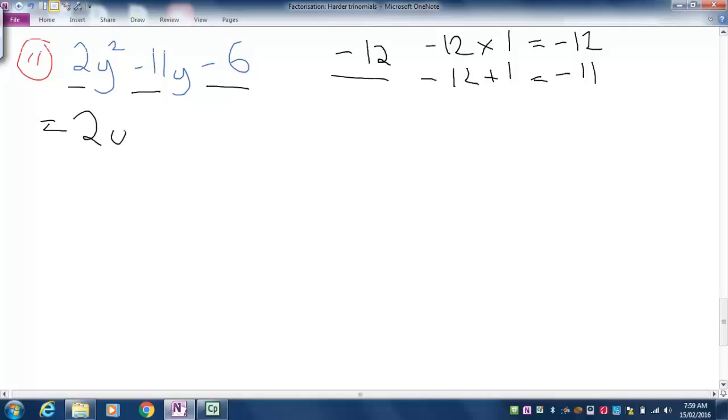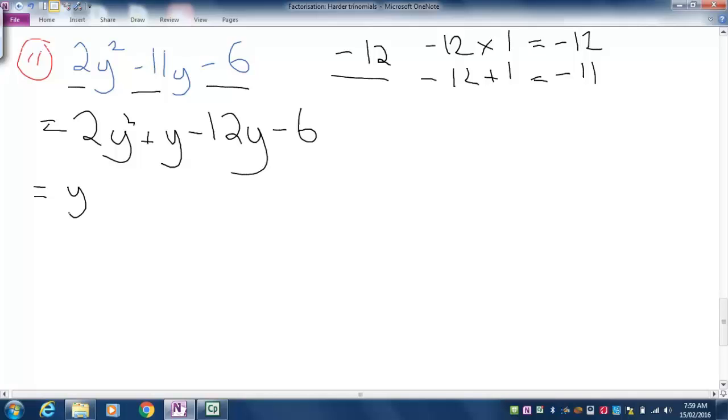So I get 2y squared plus y minus 12y minus 6, and now I group in pairs.